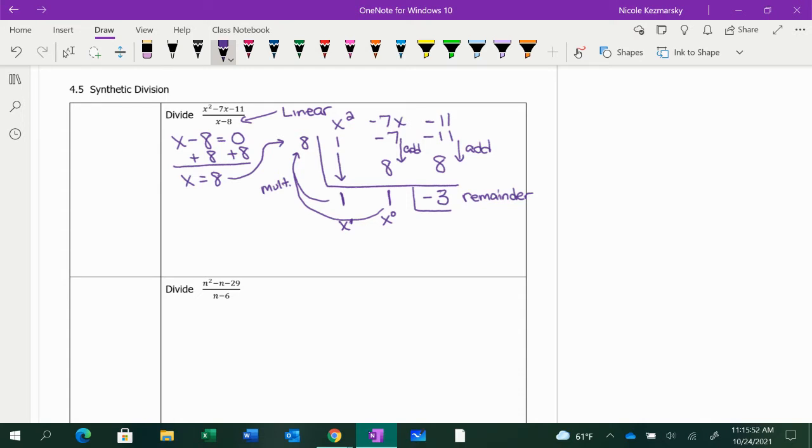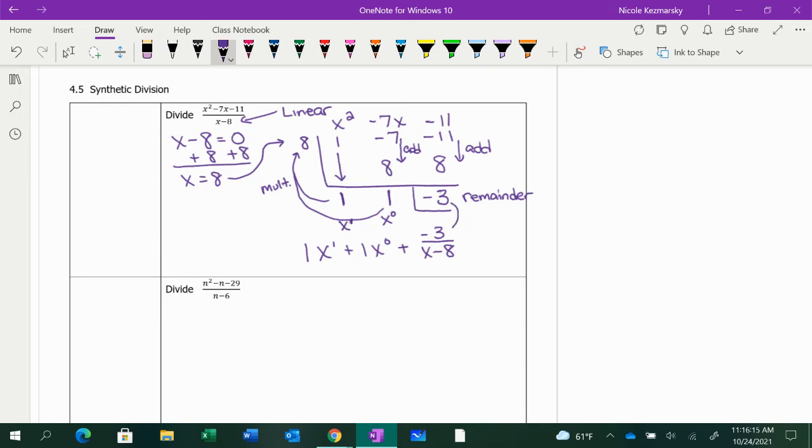But my answer is going to be 1x to the first plus 1x to the 0. And then our remainder is going to be plus the remainder over the original denominator.